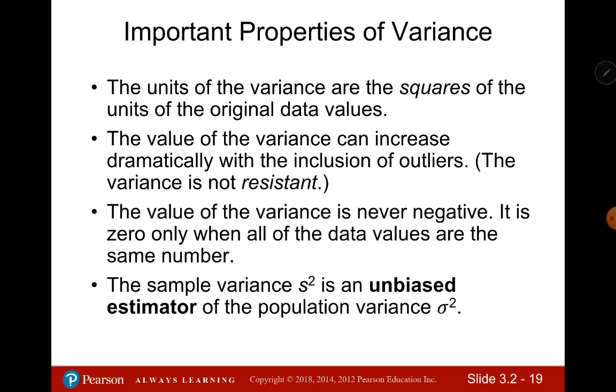So the first property of variance is, remember the previous measures have the same units as the original data values, but variance is not the same. The unit of variance is just the square of the units of the original data values.